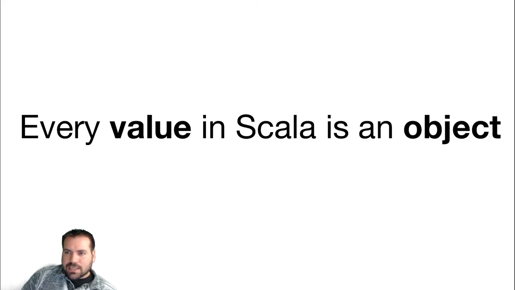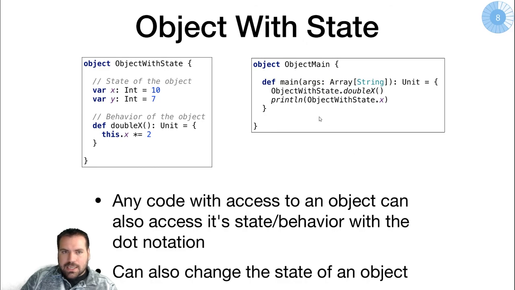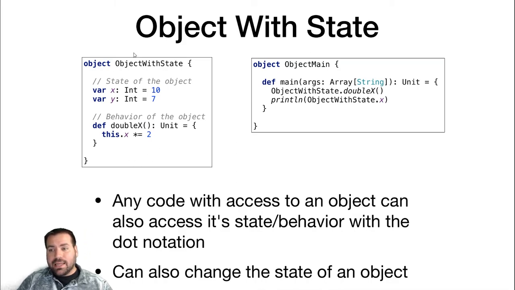Let's work with objects with state outside of that specific object, still in the same project. Yeah, that's what we did in this main method. We can access the variable directly because it's public. For those of you thinking of access modifiers, we can also access the behavior of that object. If we're in the same project, we can access the state and behavior of the objects in that project.